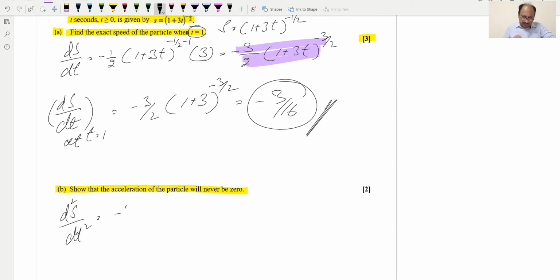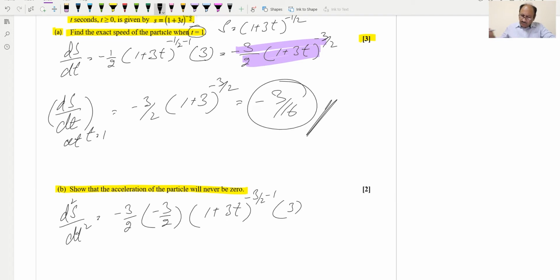So it will be minus 3/2 as it is, which is constant, and the power minus 3/2 we pull first, and then we write (1 plus 3t) raised to the power minus 3/2 minus 1, and further we take the derivative of the inner portion, which is 3, and we write here 3.